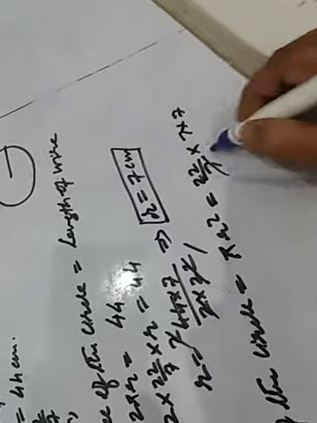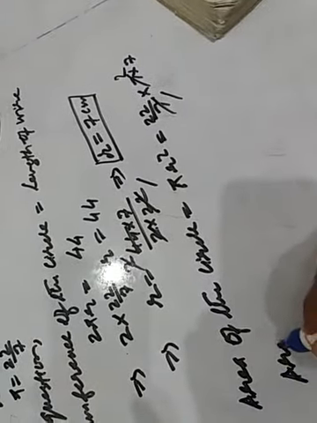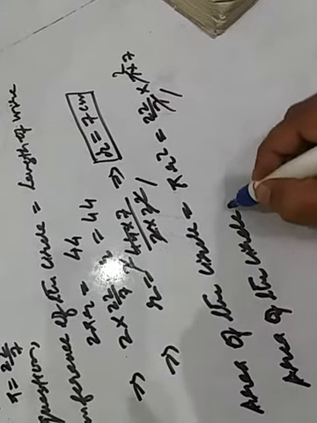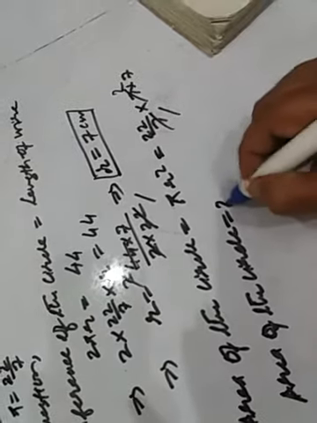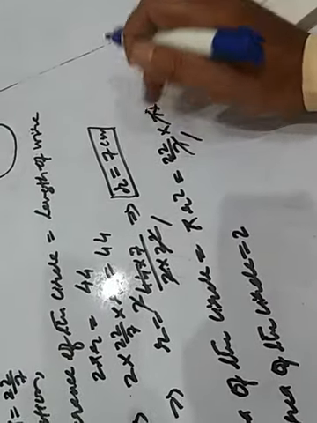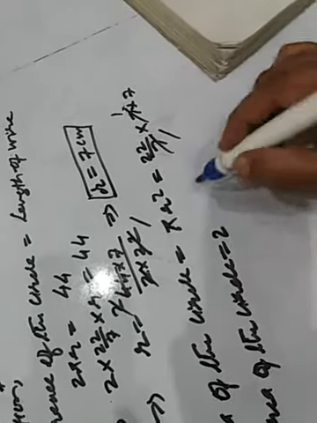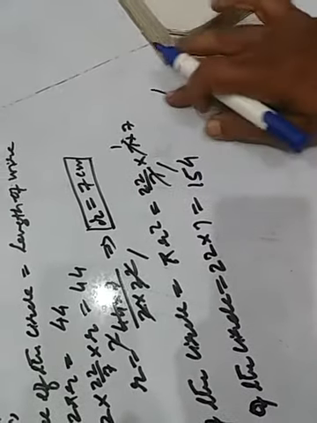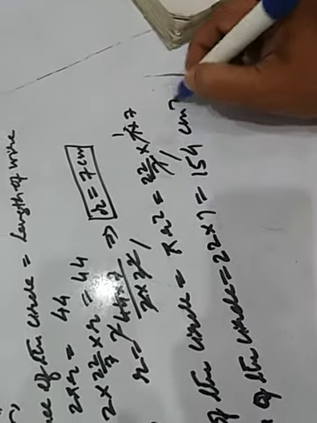The 7 and 7 got cancelled. Area of the circle equal to 22 multiplied by 7. 7 twos are 14, 1 is carry over, 7 twos are 14 and 1 is 15. That is 154 square centimeter.